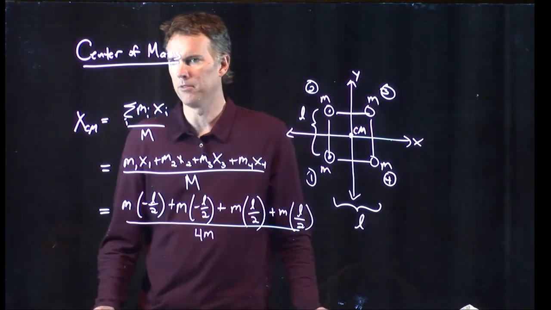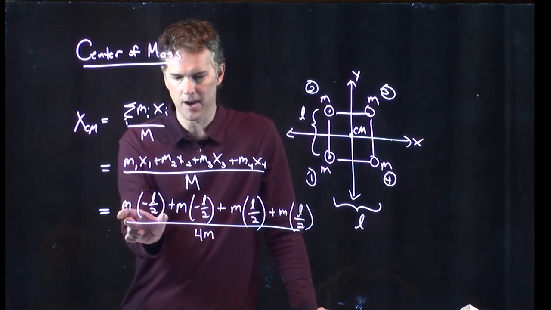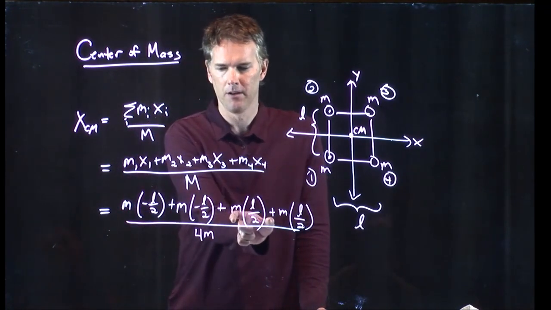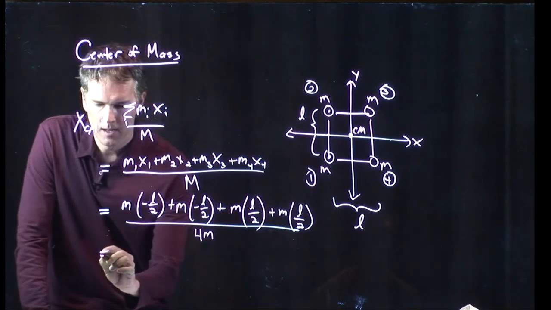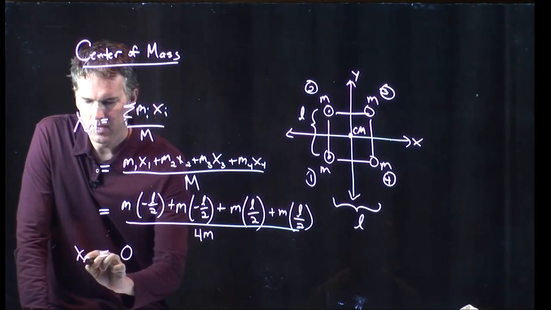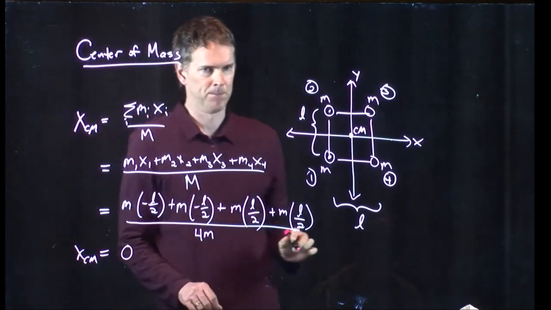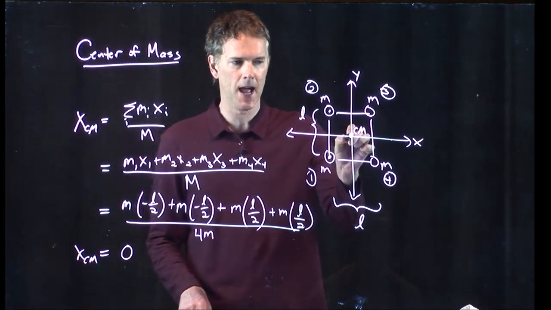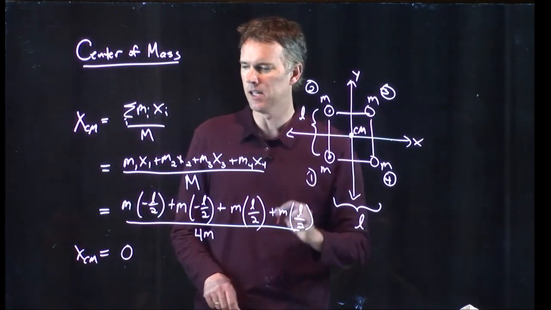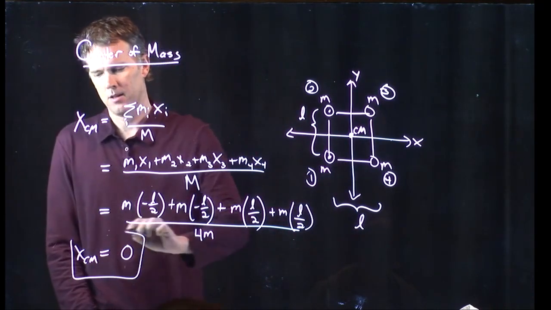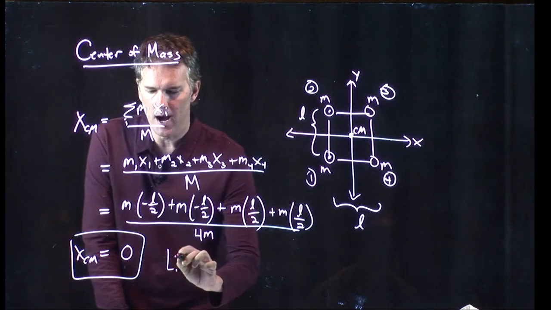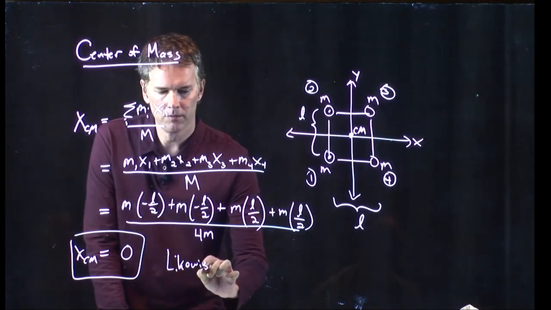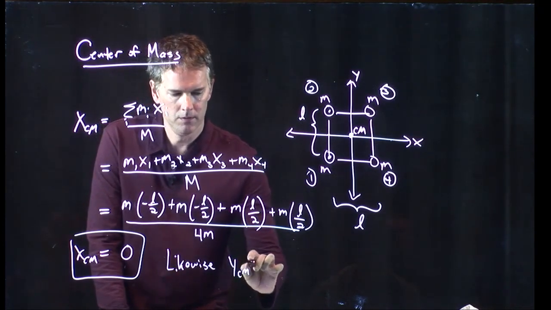And now you see what happens, right? We have a negative there that cancels with the positive there. We have a negative there that cancels with the positives there, and we get x_cm is equal to 0. So on our coordinate system, the x position of the center of mass is equal to 0. And by symmetry, you're going to get y_cm also equal to 0.